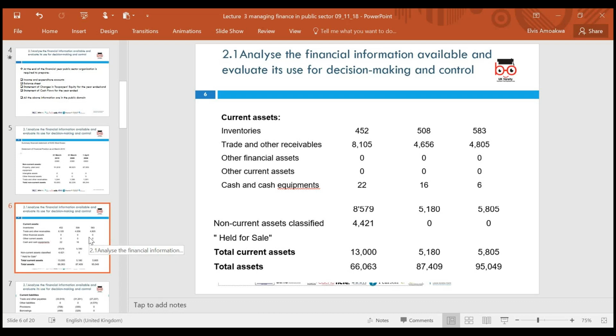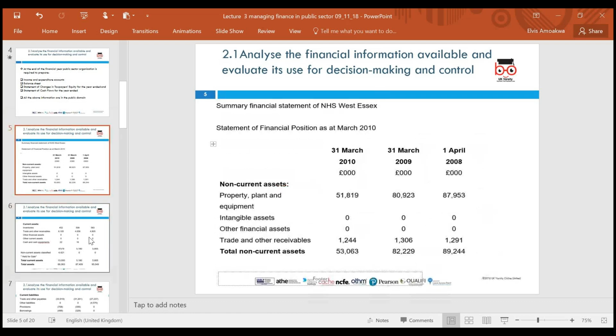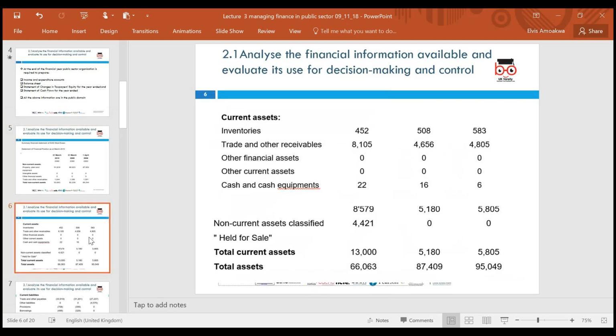I'm just going to go through them before we start analyzing the data, because 2.1 is asking X to analyze the financial information available and evaluate its use for decision making and control. So I'm first trying to show you the financial statement. We looked at the non-current assets in the previous slide, and now we are looking at the current assets, right?